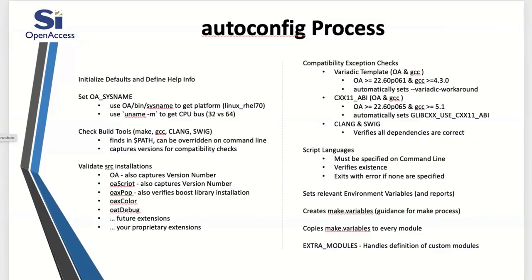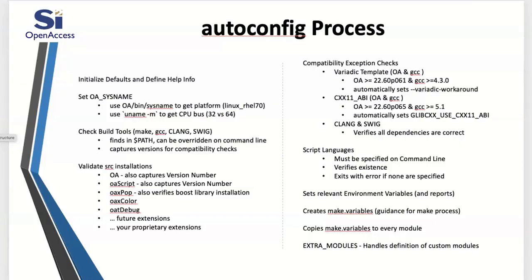And if you are trying to build a more recent version of OA with an older version of GCC, then an error message is thrown with instructions about why that's not possible. And then you can address it there at the beginning. If the condition is met, then the Variadic workaround flag is automatically set in your build process, in your make variables.